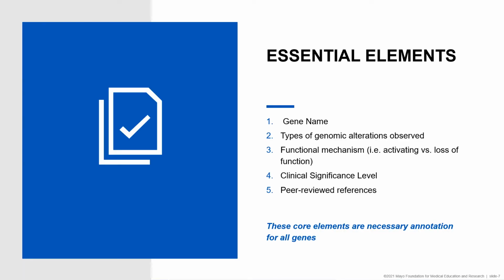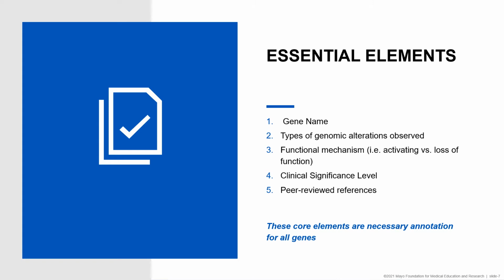So before the CGC cancer-specific working groups actually started curating these gene lists, we decided to look at what are the essential elements that need to be included in every gene list.